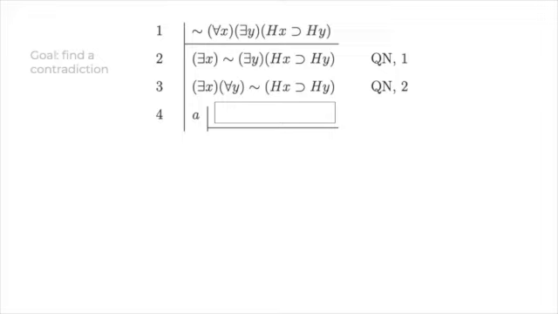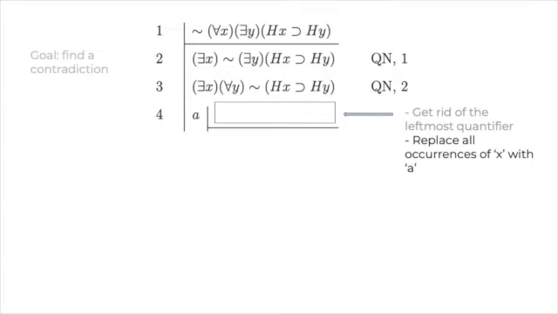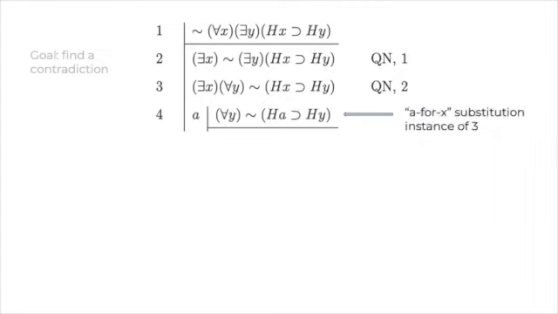So if you remember the procedure, first we get rid of the quantifier at the front, and second we replace all of the occurrences of the variable that was bound by the quantifier, in this case x, with the name A. So on line 4, we write the substitution instance that is going to be our assumption for the purposes of existential quantifier elimination.